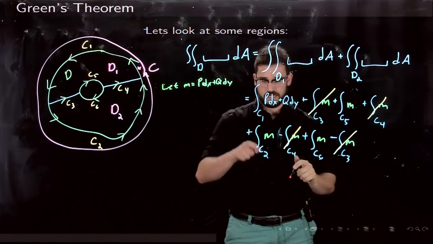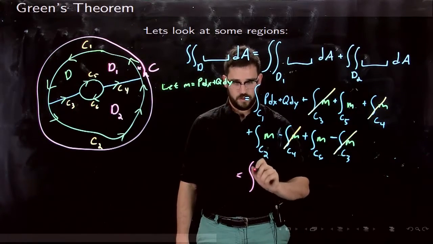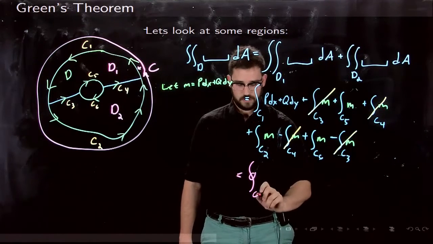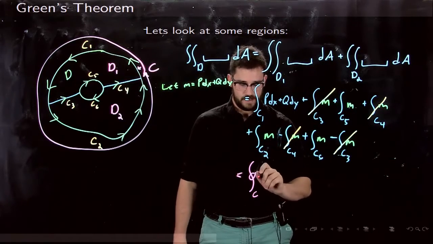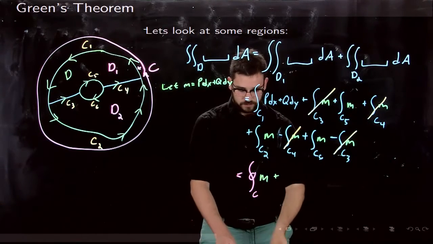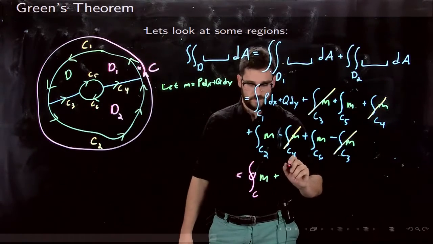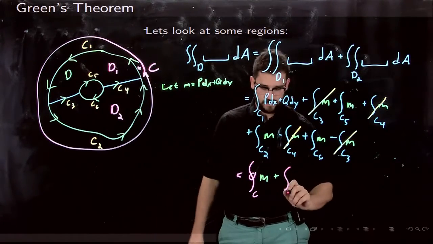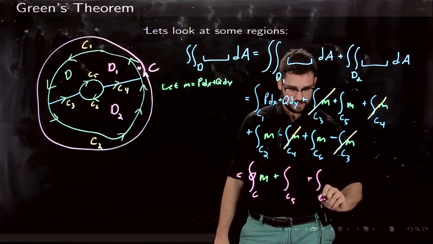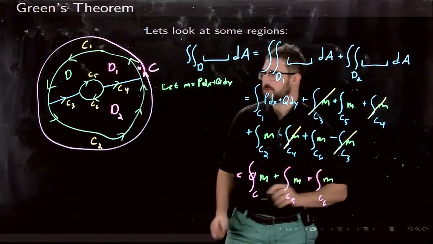So C1 plus C2 is equal to the closed integral of C of M, that's what we were calling it, plus now we have the integral of C5 of M plus the integral of C6 of M.